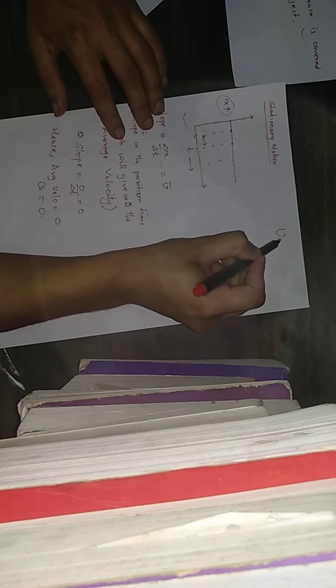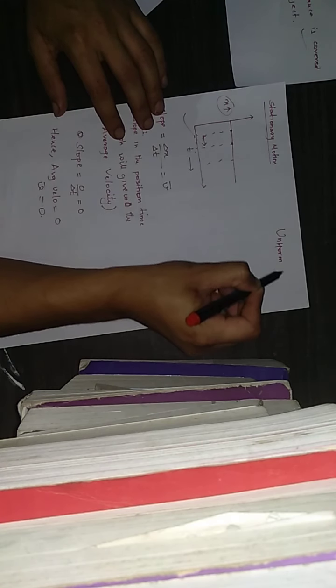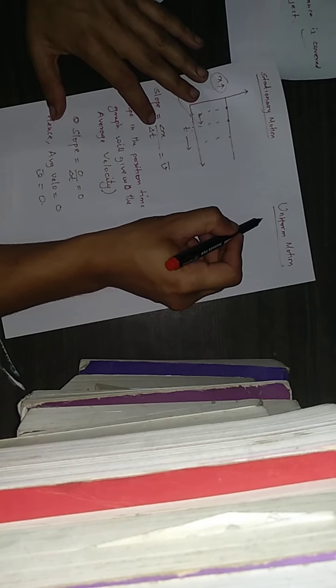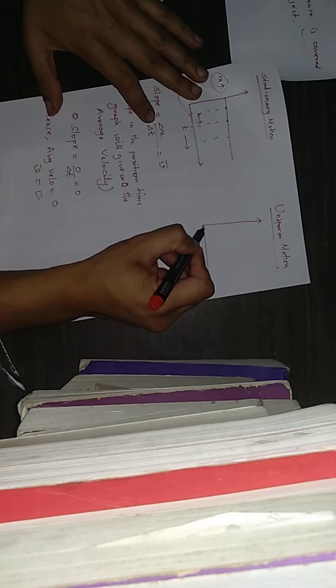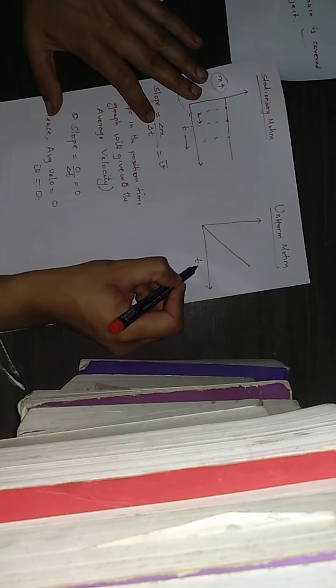Now for uniform motion, again, the slope will give us the average velocity, same concept.